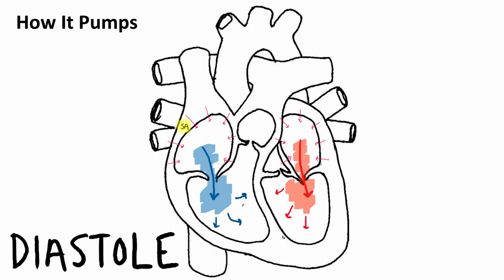Now the SA node is going to stimulate the atrial myocytes to contract. This is going to squeeze the atria, which will force the pressure to be way increased on that side, and it will be lower in the ventricles. This pressure difference between the atria and the ventricles is the reason that the blood is going to flow from the atria into the ventricle. So on both sides, the blood will flow through the AV valve into the ventricle.